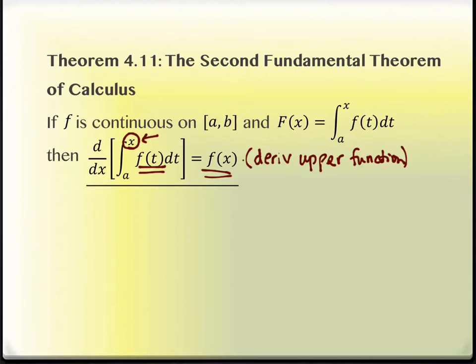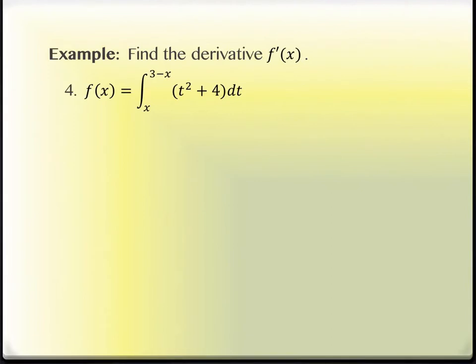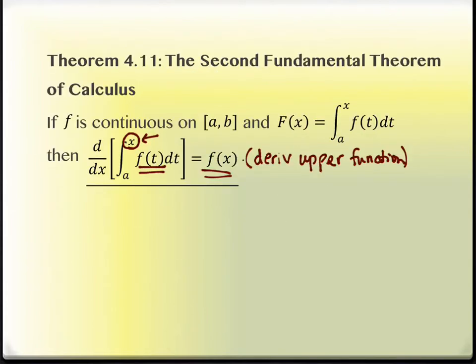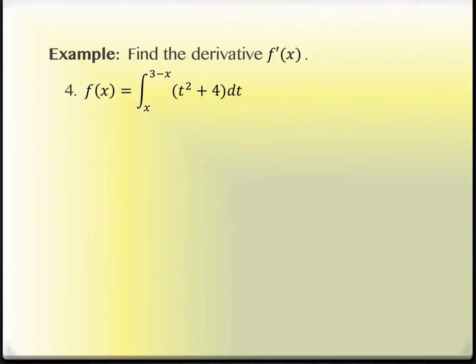Compare the integral from x to 3 minus x of t squared plus 4 to the integral from a to x of f of t dt. Okay, so the lower limit of integration isn't a, it's x. Yeah, that is different.